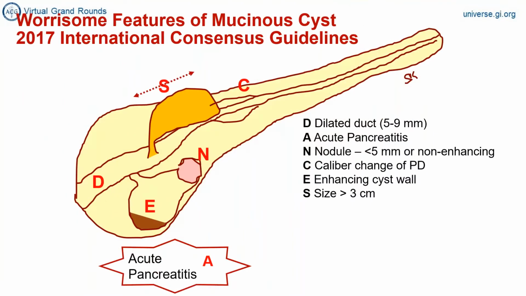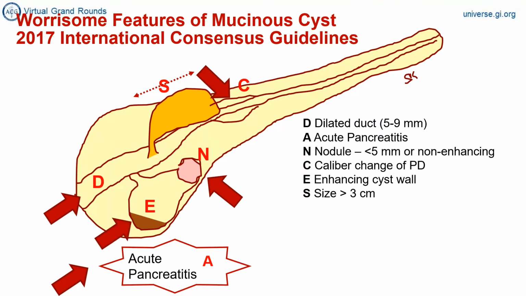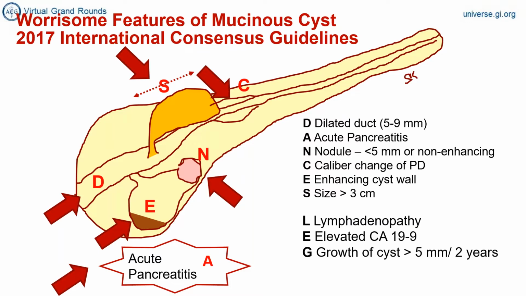There are also multiple worrisome features, which include a dilated duct of 5 to 9 millimeters, that's less than a centimeter, history of acute pancreatitis, presence of a nodule less than 5 millimeters or non-enhancing on MRI, change in the caliber of the pancreatic duct, enhancing cyst wall, or a cyst size more than 3 centimeters. In addition, 3 new variables added in 2017 include presence of lymphadenopathy, an elevated CA19-9, or cyst growth of more than 5 millimeters every 2 years.